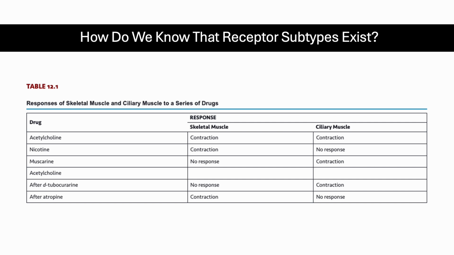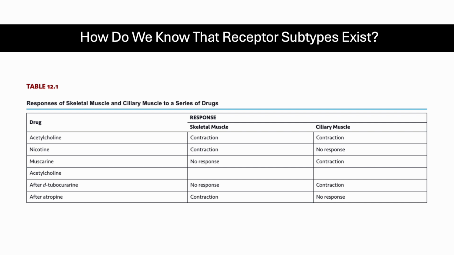But we can also conclude a few more things. Because nicotine mimics the effects of acetylcholine on the skeletal muscle, we can conclude that nicotine may act at the same skeletal muscle receptors where acetylcholine acts.